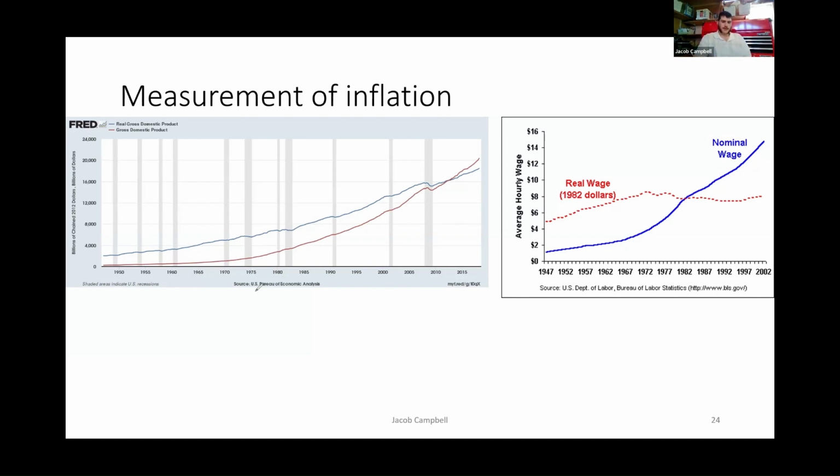I want to draw your attention to something here. Notice how the real GDP per capita continued to soar. See how it shot up? Oh, that's not per capita. That's just GDP. I wish I'd put GDP per capita there.